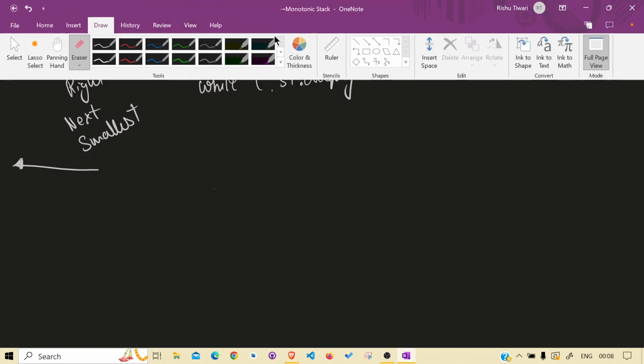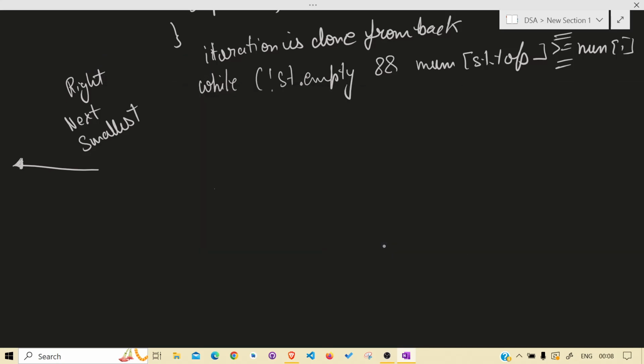I'll take a good example: 3 2 2 1 and 4. If you do not have this condition over here, what you will be getting is this index, but what is correct is this index. So the equal condition is put over there. I hope it makes sense.